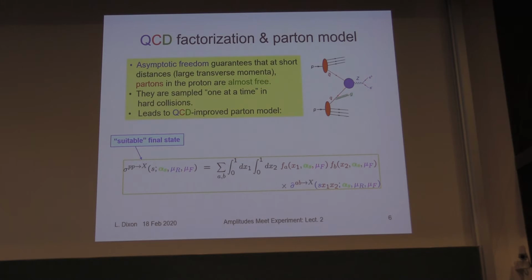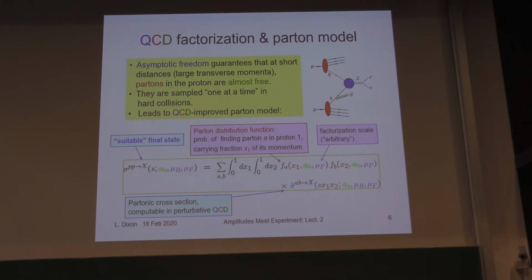But of course, this whole picture can be applied to many other processes, but not everything is calculable perturbatively in this way. So that's what I said, that f_A is the probability of finding parton A in proton 1 with the fraction x1 of its momentum. And then there are these arbitrary factorization and renormalization scales.